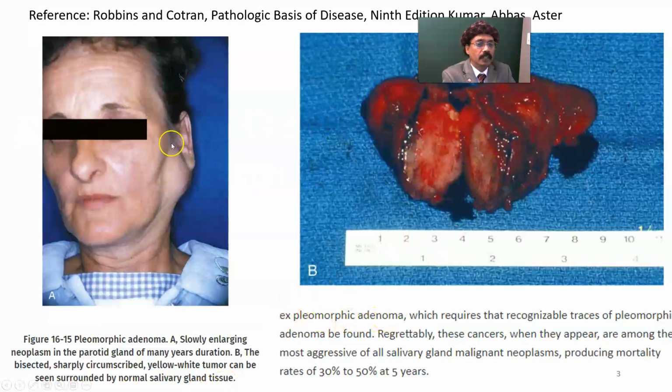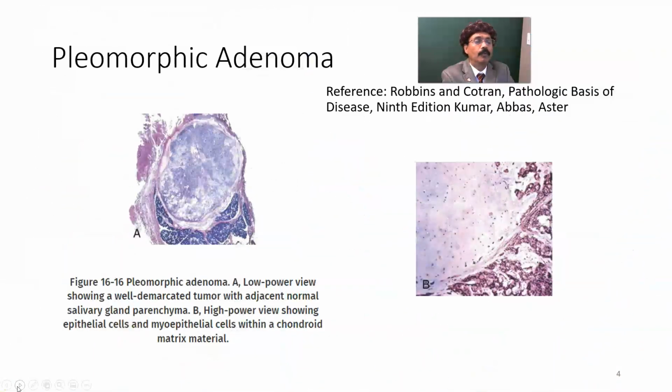This is benign, and in another specimen it has turned into malignancy, which requires that recognizable traces of pleomorphic adenoma be found. Regrettably, these cancers, when they appear, are among the most aggressive of all salivary malignant neoplasms, producing mortality rates of 30 to 50% in 5 years. So this benign tumor may turn into a malignant tumor, and the outcome may not be good.